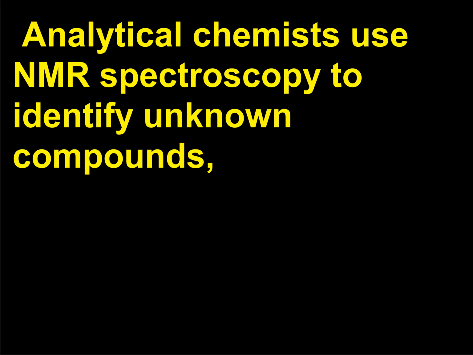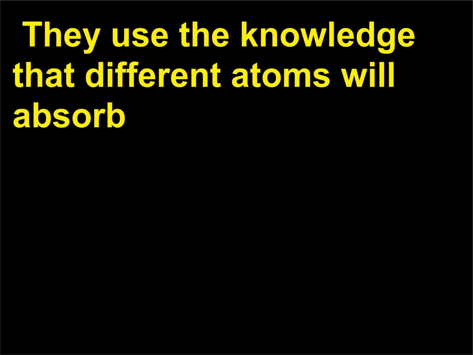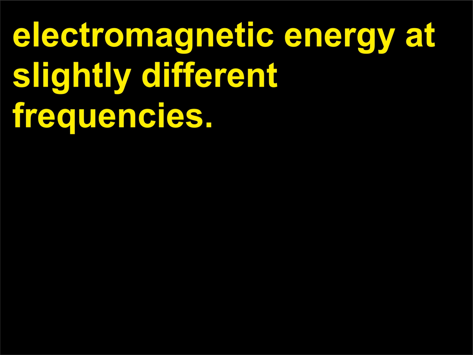Analytical chemists use NMR spectroscopy to identify unknown compounds, check for impurities, and study the shapes of molecules. They use the knowledge that different atoms will absorb electromagnetic energy at slightly different frequencies.